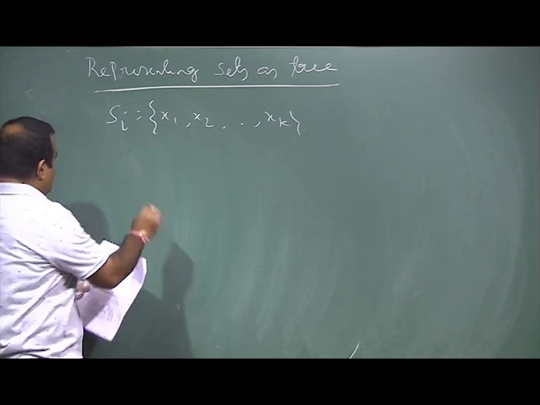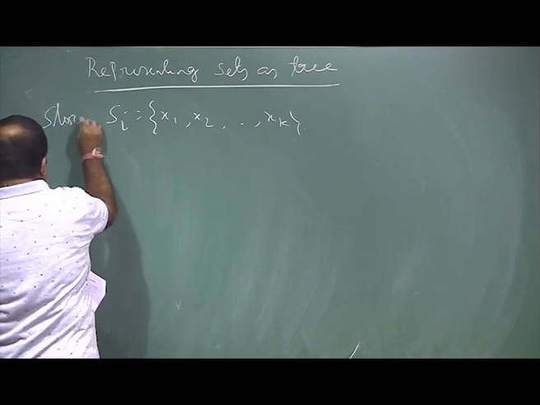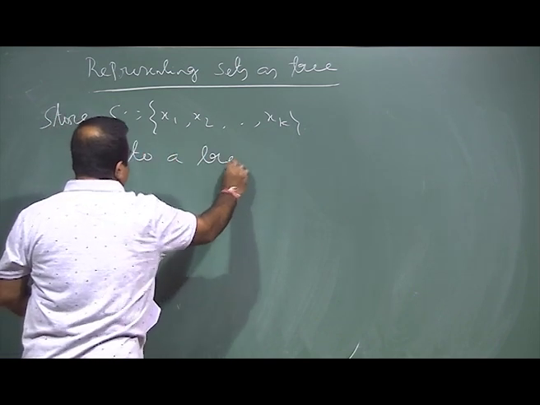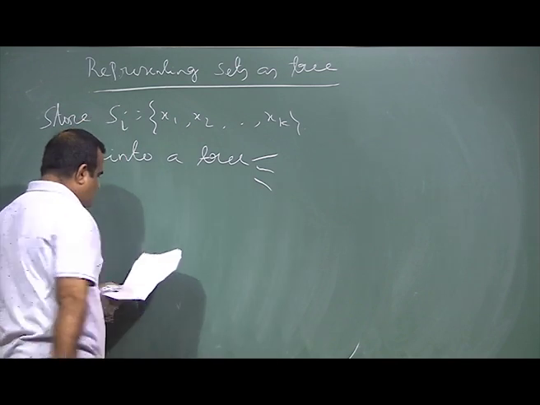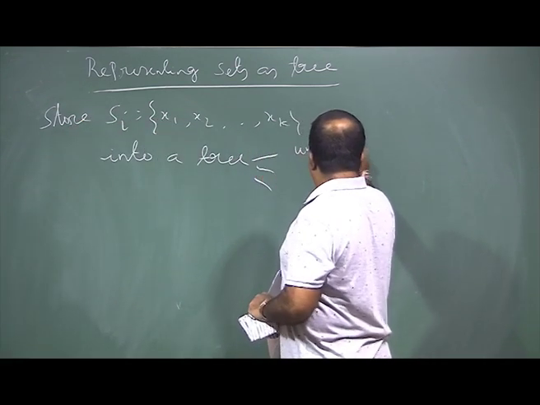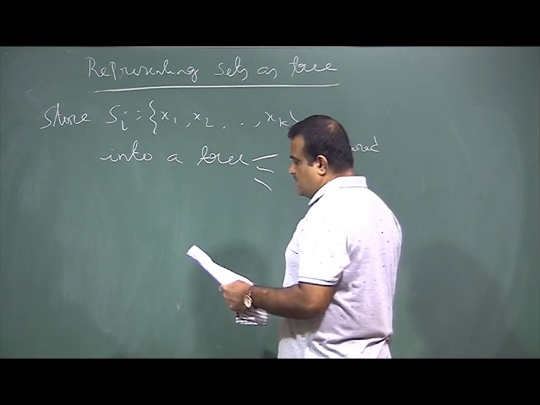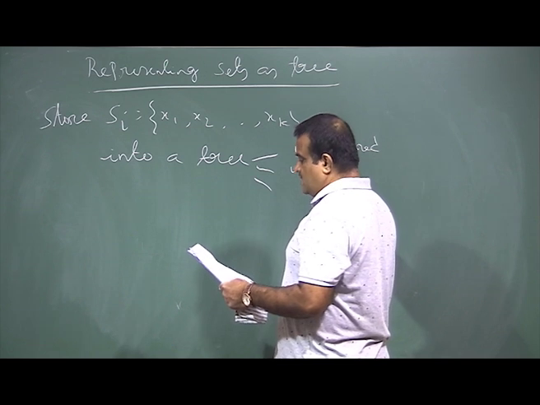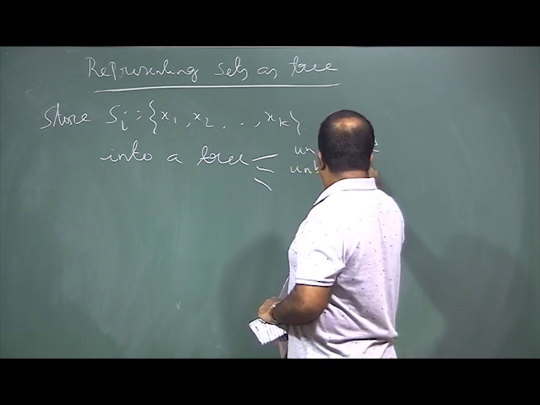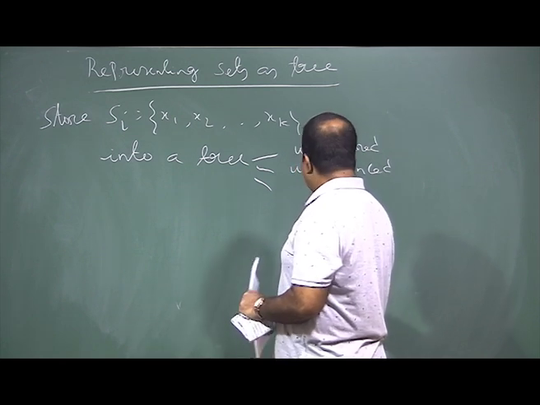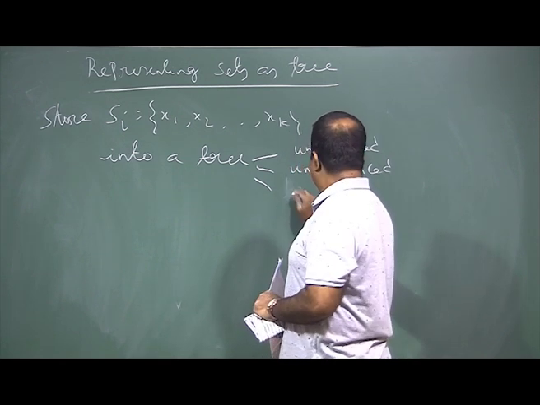We store this into a tree, and this tree is unordered, because our sets are unordered collections, and unbalanced. Here we are not bothering about balance.